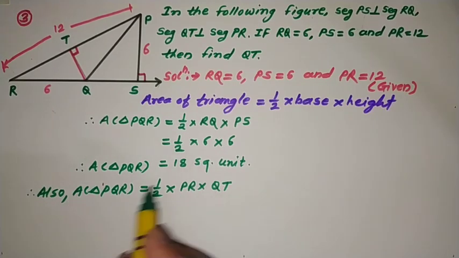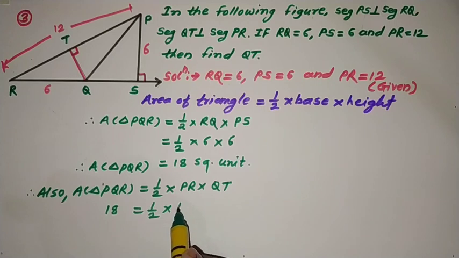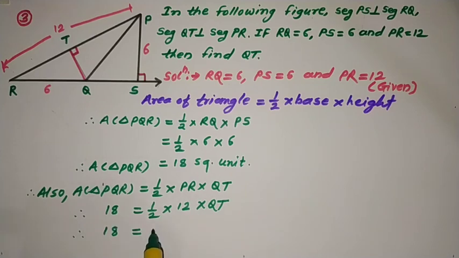Area of triangle PQR is equal to 18, which is equal to 1/2 into the value of PR, 12, into QT. Therefore, 2 6s are 12, so 18 is equal to 6 into QT.